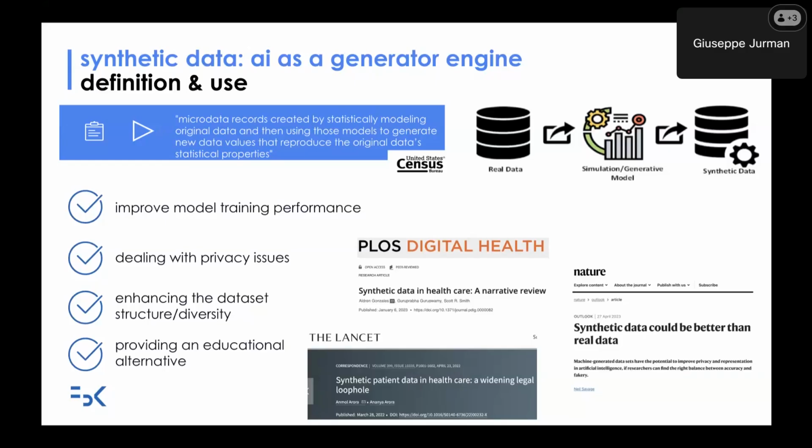And as you can see from the few papers I'm listing now, all this kind of synthetic data that have been introduced are stimulating the growth of a whole new branch of study for generation models in AI for healthcare studies.